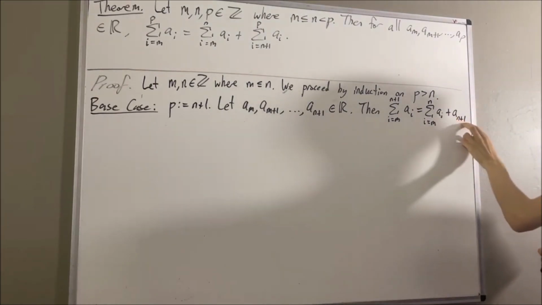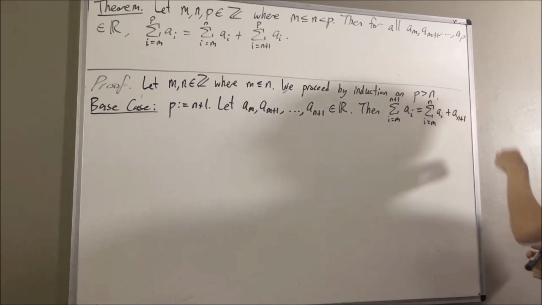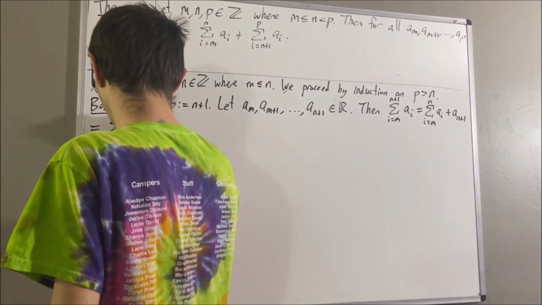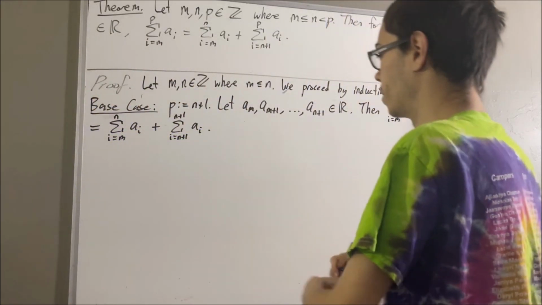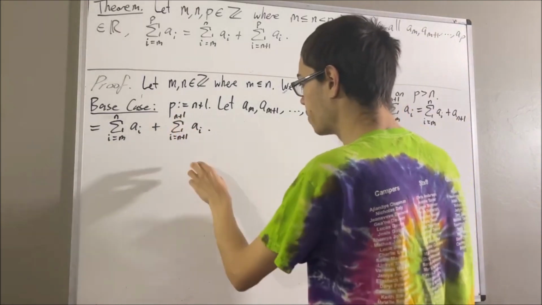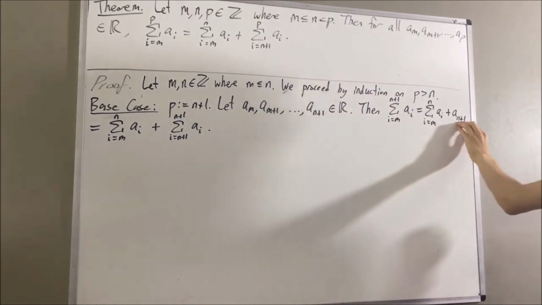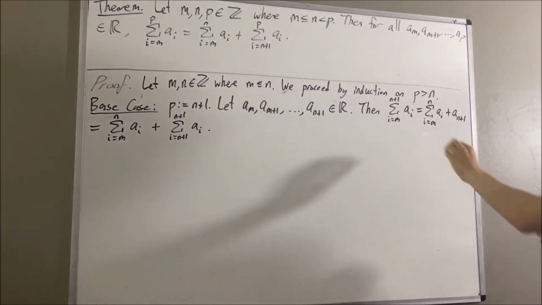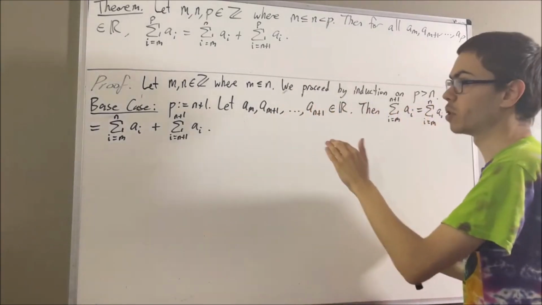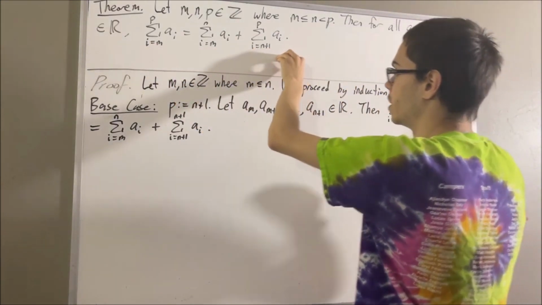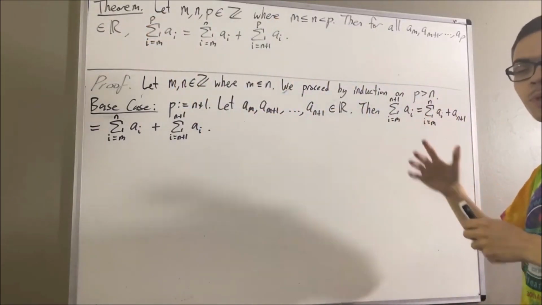However, we know that an plus 1 is the same thing as the sum from i equals n plus 1 to n plus 1 of ai. Right, because whenever the lower and upper bounds of a sum are the same, we just take wherever you see an i and replace it with n plus 1. And that's what we have here. So as you can see, we have shown that this is equal to this, which means we have shown that this is true in the case where p is equal to n plus 1. So this completes the base case.